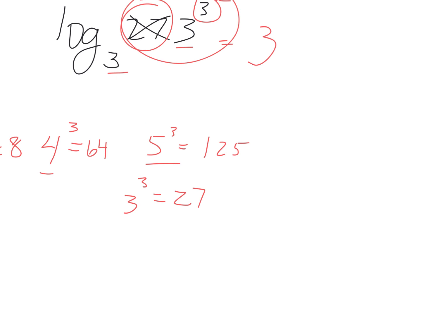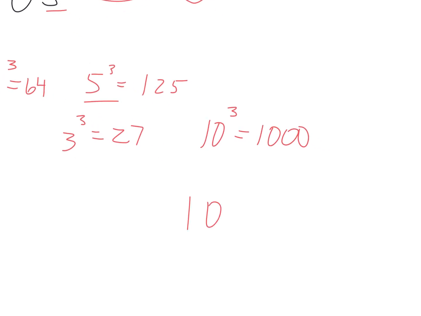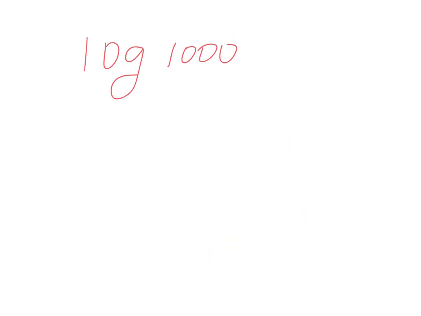Weirdly, we don't use that one that often. So we're getting to the numbers where all of a sudden we're going to jump all the way 1, 2, skip a few. 10 to the third. 1,000. Why would you ever need that? Because log that has no base really has a base of 10. And if I put 1,000 here, you're supposed to be able to go, oh, I know that 1,000 is 10 to the third.